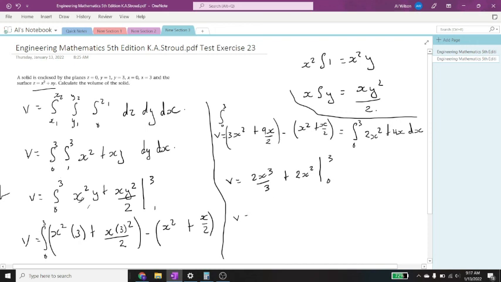So 2 times 3 raised to the third is 27, times 2 is 54 over 3, plus 2 times 9 is 18, so this is 54 over 3 plus 18, which is 18 plus 18, which is equal to 36 units cubed.